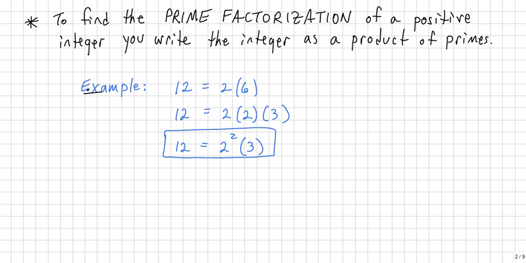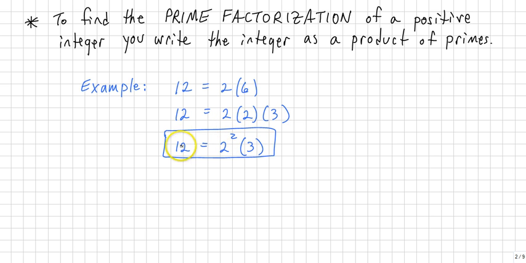So for example, if we take the number 12 and come up with its prime factorization, we need to write 12 as the product of prime numbers. 12 is 2 times 6, but 6 is not prime. 6 itself can be broken down into 2 times 3. So 2 and 3 are prime numbers. So 12, it turns out, is just 2 times 2 times 3. Those are all prime numbers.